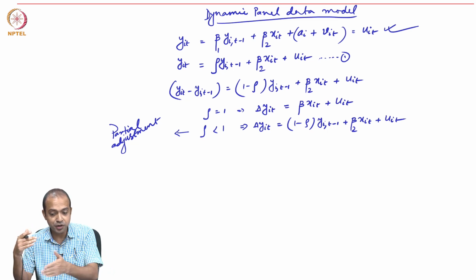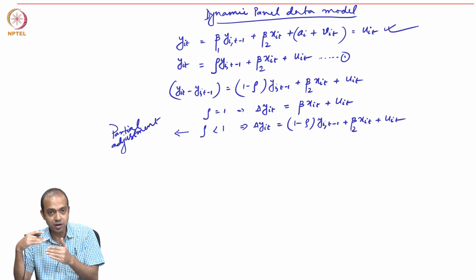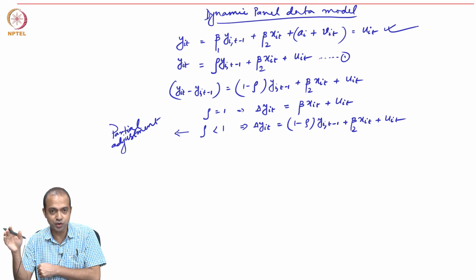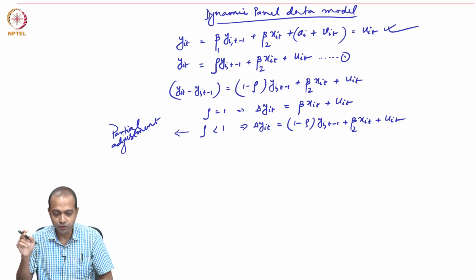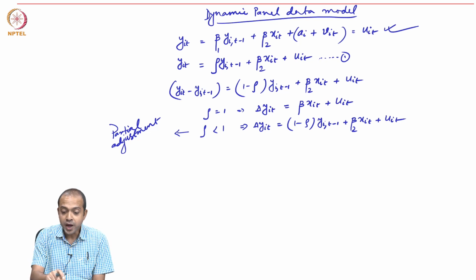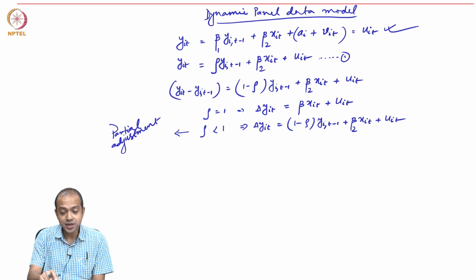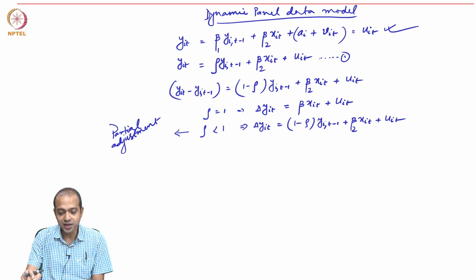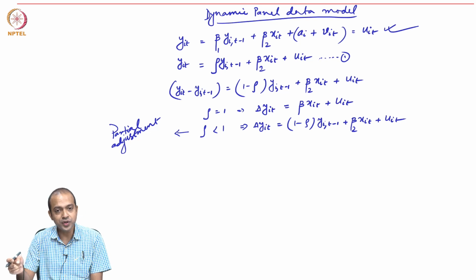So in each period it is related, and since the a_i component is common in the error term, in successive periods all your error terms are getting correlated, leading to an autocorrelation problem. Autocorrelation arises for another reason in this dynamic panel data model. Since y_it is related to y_it minus 1 and v_it, then y_it minus 1 is also related to v_it minus 1.